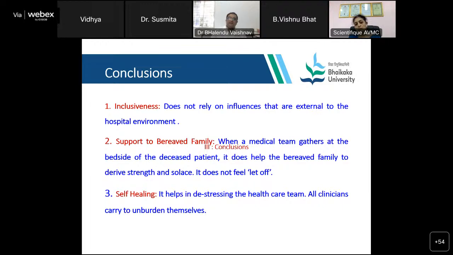Doctor also requires healing because after all he is handling another life which is lost. So it helps in de-stressing the healthcare team. All clinicians need measures to unburden themselves. It is beyond doubt. After all, anything good that you do for others will bring good to you in abundance. After all, Tulsidas did not write Ramayana for others. He said, I am writing it for me.